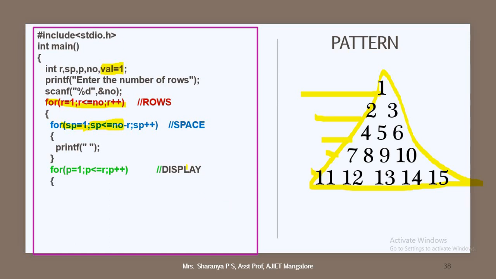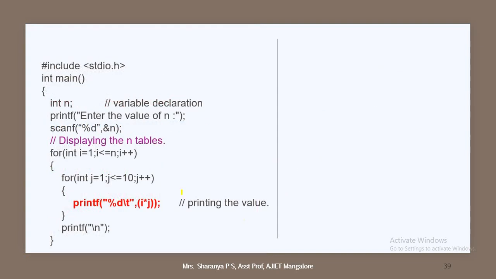The major point is that the value is printed using the variable val, and the value keeps incrementing each time, so we end up with incrementing values. Finally we give the new line character. This is how we can print the pattern.